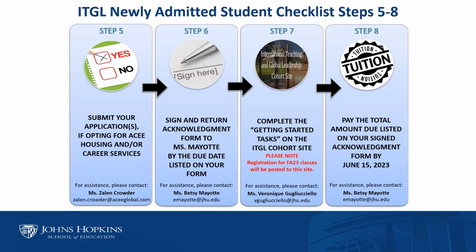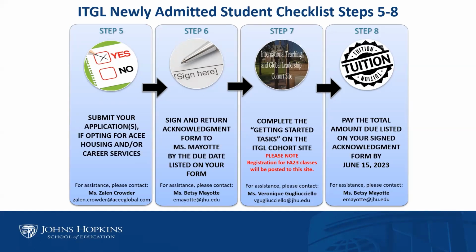Once you have accepted your offer, we ask that you let us know if you are interested in the housing or the career services. It is very important that you communicate your decision to us. And once we know your decision, then I will create an acknowledgement form for you to read and sign and return to us.